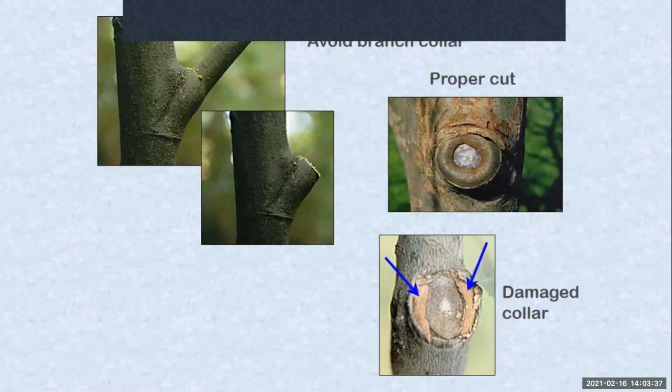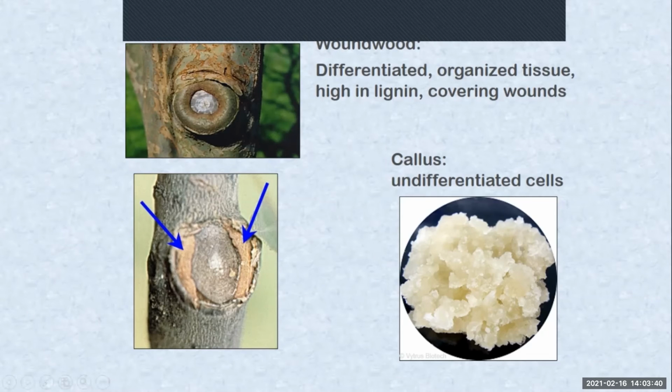Now, just real quick, the difference between the terms wound wood and callus. Some people like to say a pruning cut will callus over, and they call this callus. That is incorrect. Callus is undifferentiated cells. It's kind of like meristem cells.